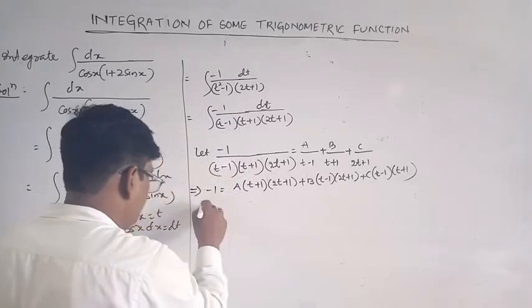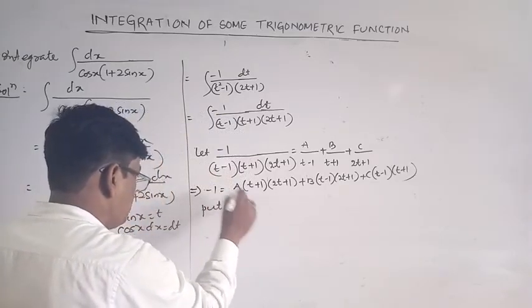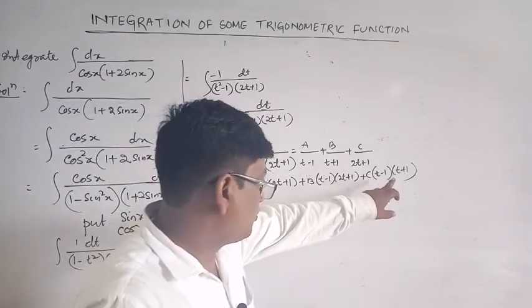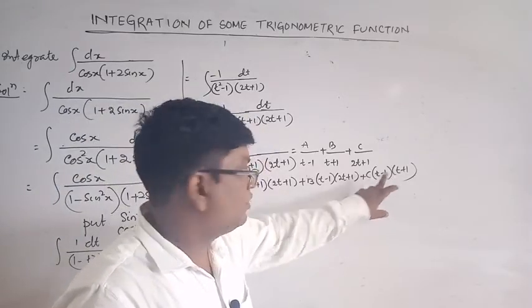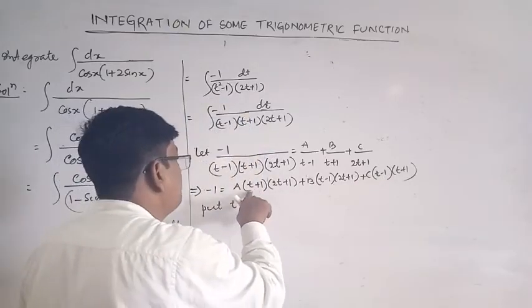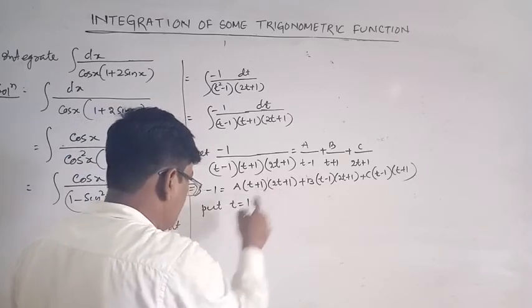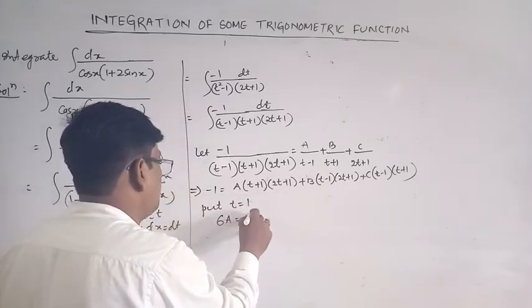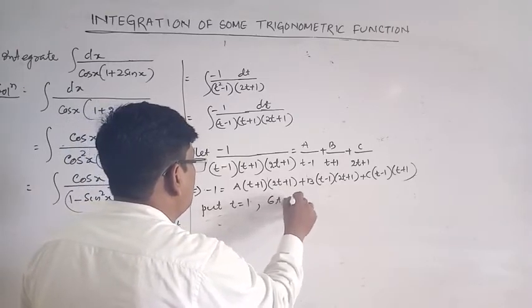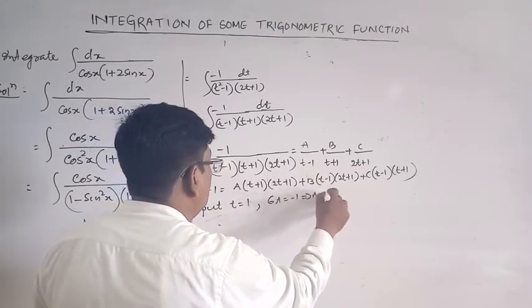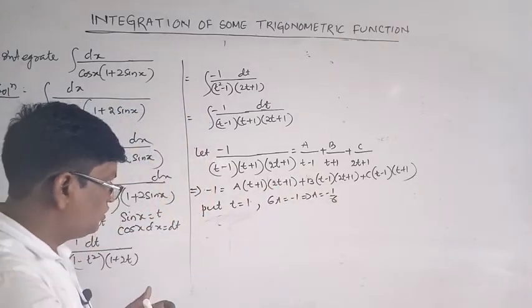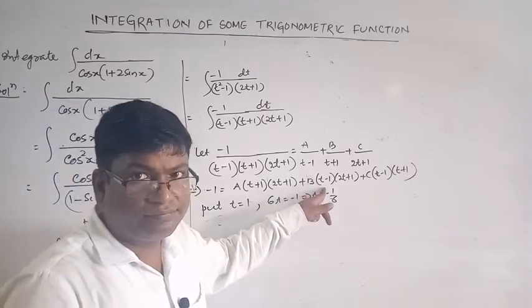If t equal to 1, this term is 0 and this term is 0, only the a term remains. So 1 plus 1 is 2, times 3 is 6. 6a is equal to minus 1, that is a is equal to minus 1 by 6.